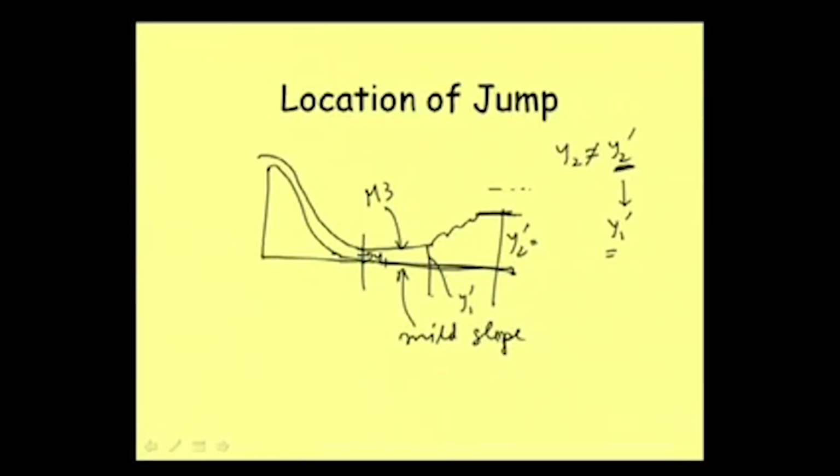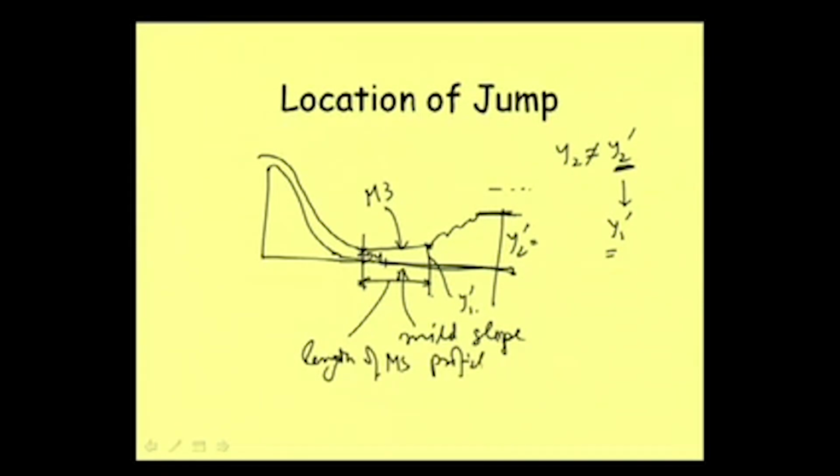That is, we know that in this M3 profile our upstream depth is y1 and downstream depth is y1 dash, and so from here to here we can compute the M3 profile, and this will give us the length of M3 profile. This is the length of M3 profile.